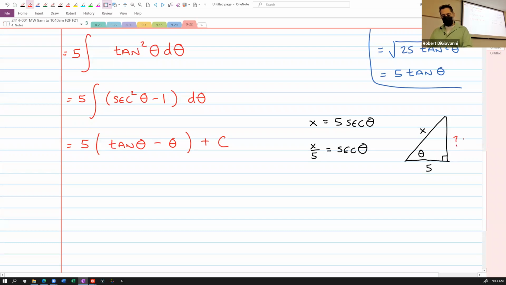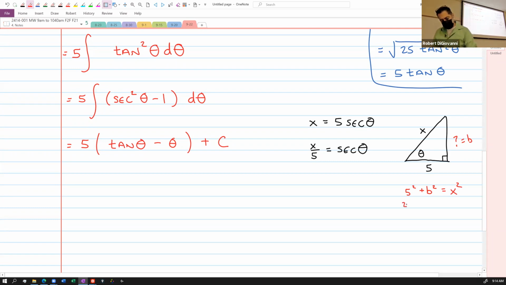So I'm just going to call it B. And then I use the Pythagorean theorem with the right triangle: a squared plus b squared must be equal to c squared. So 5 squared plus b squared must equal x squared. So the 2 shorter sides squared added together must equal the hypotenuse squared. And I want to solve for b.